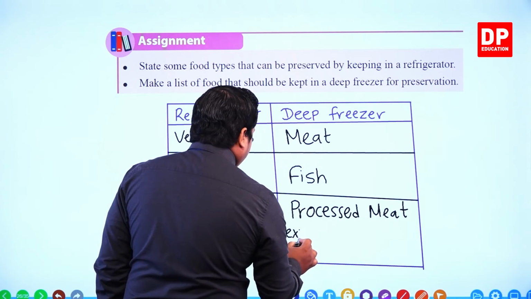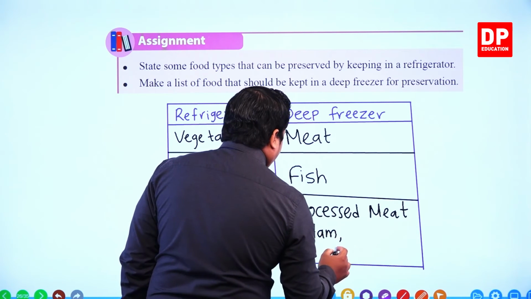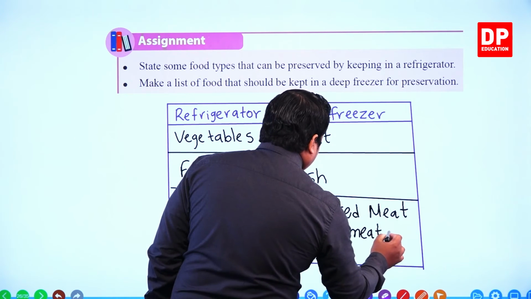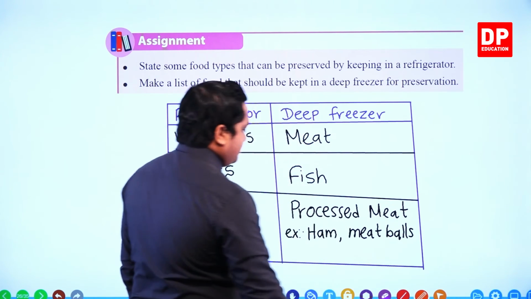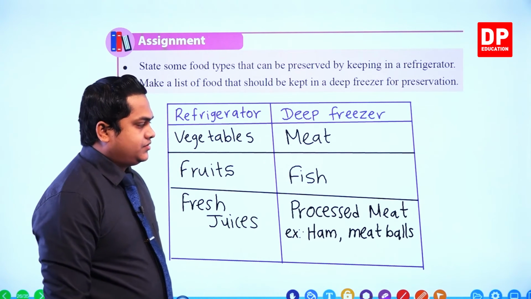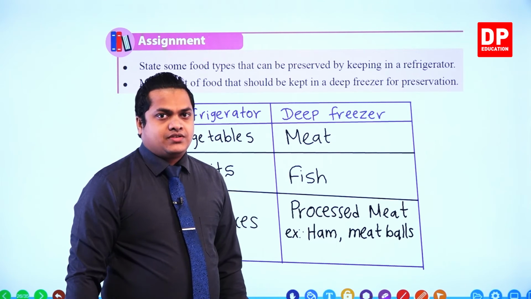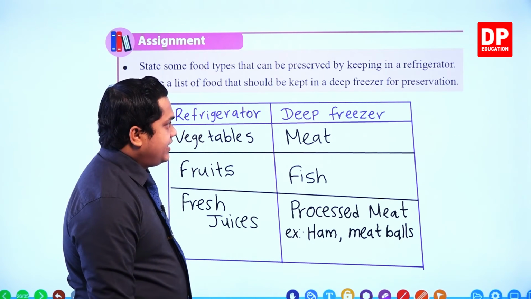Example: ham, meatballs, and so on. Bacon, sausages, those things can be kept within a deep freezer.